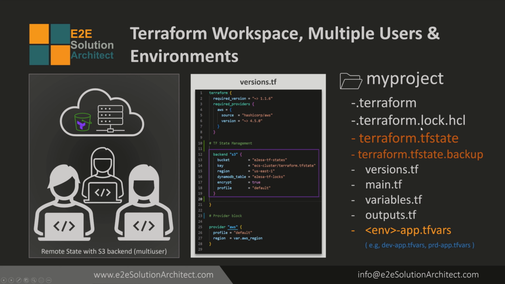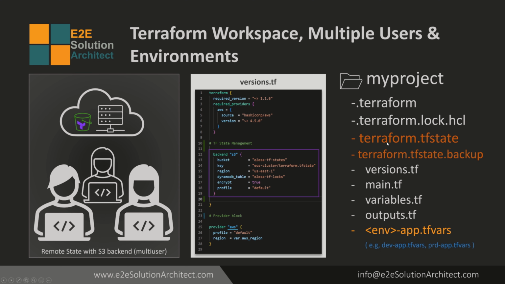The second one is .terraform.lock.hcl. It is the file for the locking mechanism: in a multiple-user environment, when someone is making a change, others should not update the state. So it locks the state, basically.